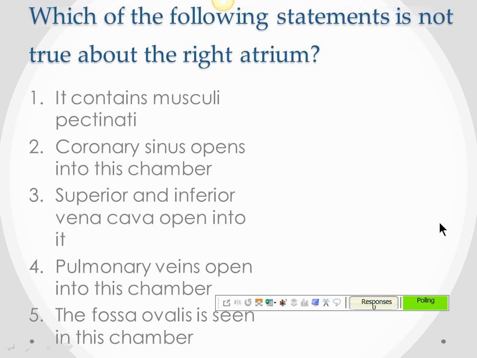Now, read these statements carefully. Which of the following statements is not true about the right atrium?